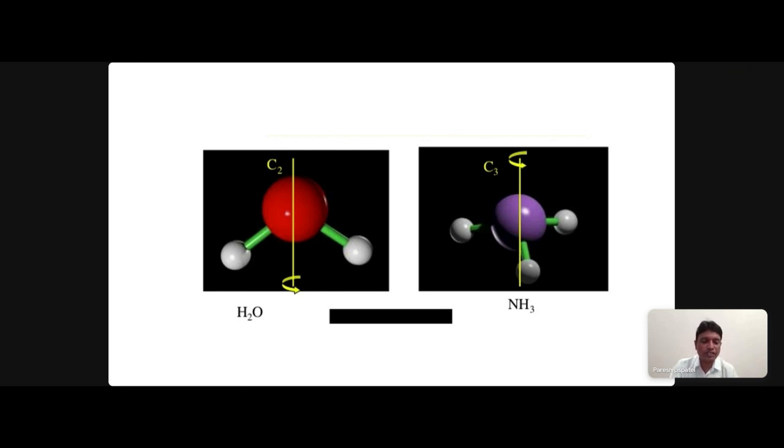If we rotate the ammonia molecule along the imaginary axis by 120 degrees to change the position of all three hydrogens, that symmetry operation can be represented as C3^1 if it is clockwise, and if it is anti-clockwise, it can be represented as C3^1 inverse or C3^-1.